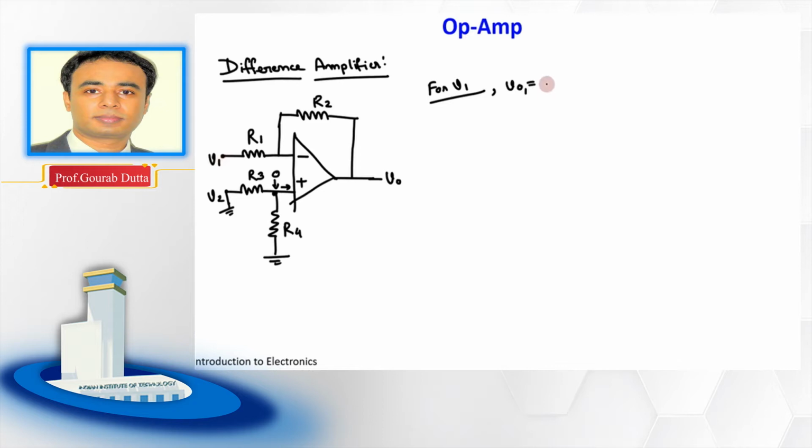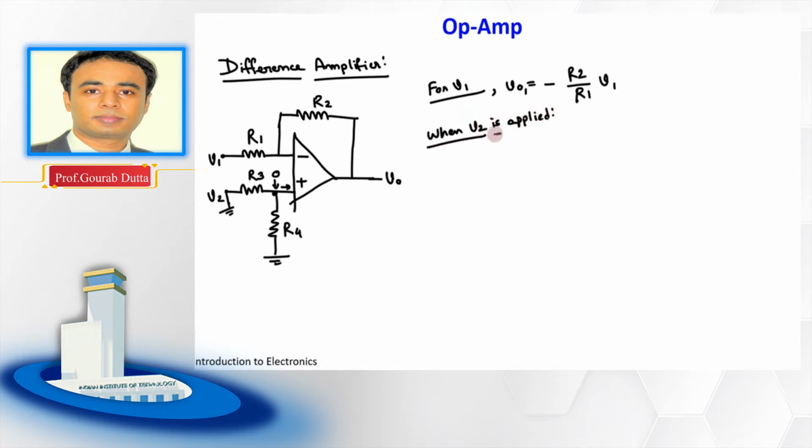This will be equal to minus R2 by R1 into this input voltage, right? This is Vi, isn't it? Right. Now, second case, when V2 is applied.